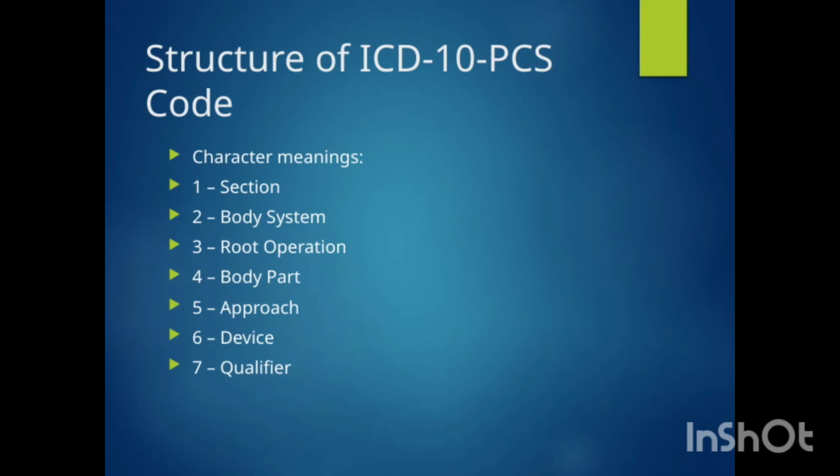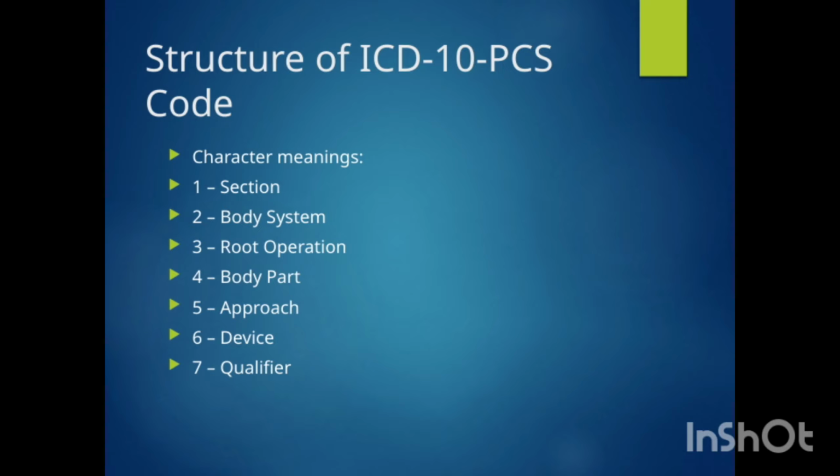Let's take a closer look at the structure of the ICD 10 PCS code. As you can see, each code is made up of several characters, and each one has a specific meaning. First, the character for section tells us the general category of the procedure. Next, the body system character specifies which part of the body we're dealing with. Then, we have the root operation, which describes the main purpose of the procedure. The body part character indicates the specific part of the body involved.